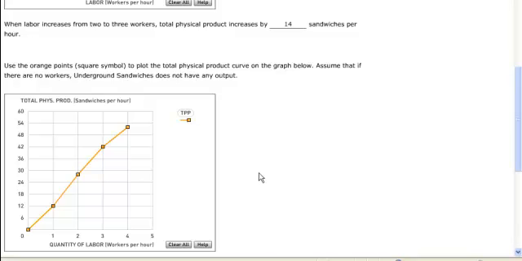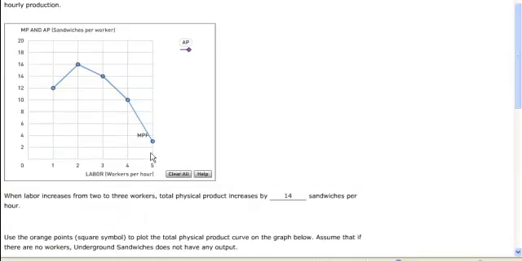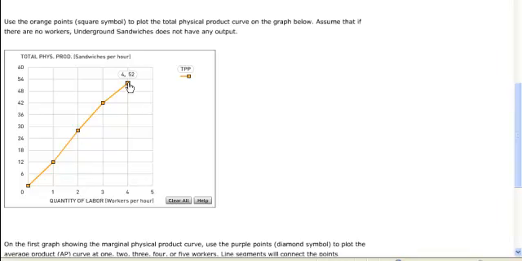And then lastly, what happens when we add a fifth worker on? Well, our marginal physical product curve tells us that when we add the fifth worker on, that fifth worker adds 3 sandwiches per hour to total production. So if we add 3 to 52, we're going to get our final point, which is (5, 55).